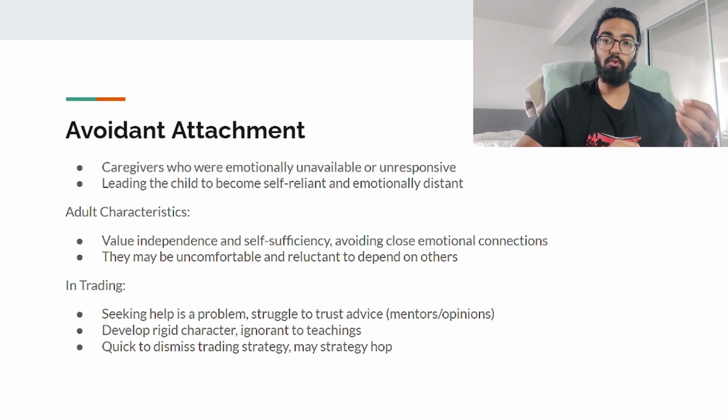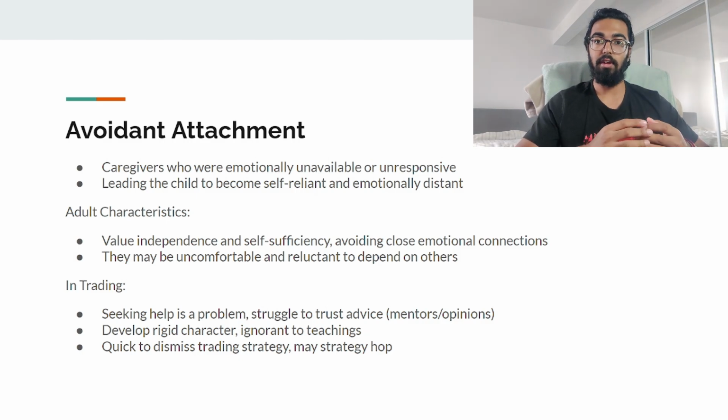But it's actually quite damaging for them as a child. Eventually, when this flows on to how they are as an adult, they can become very hostile and very unwilling to take things on board, if that makes sense.